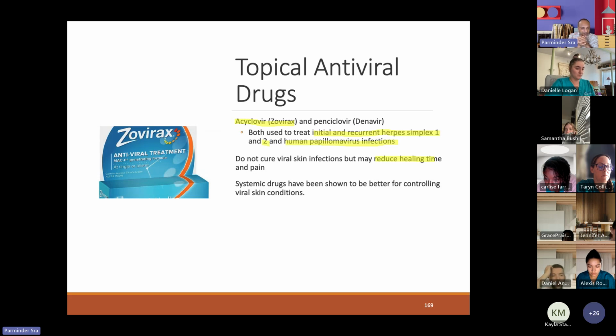Okay. The topical antiviral. You may have seen this one, for oral lesions, cold sores.